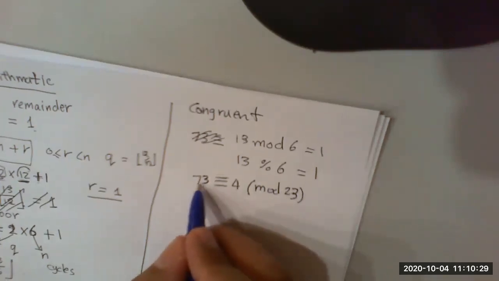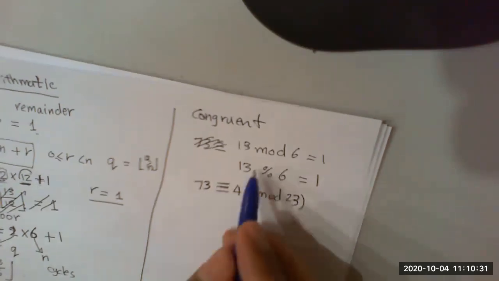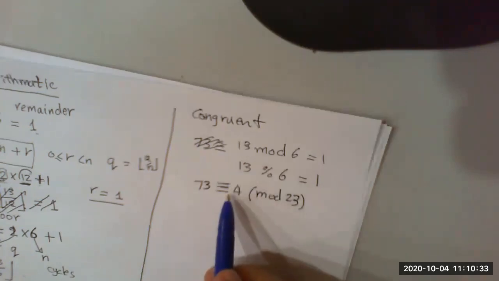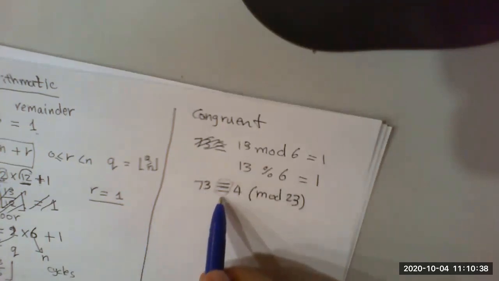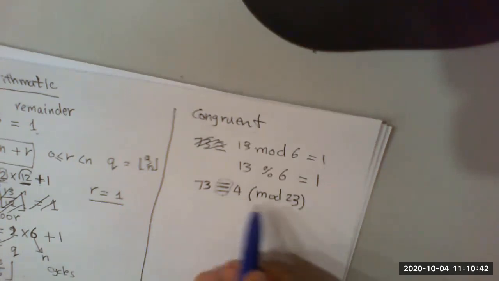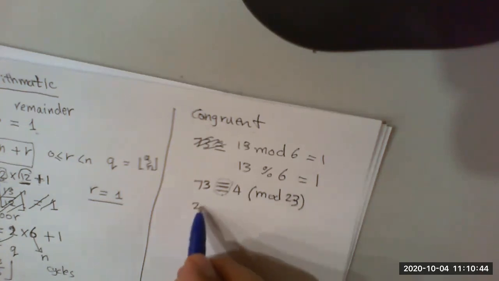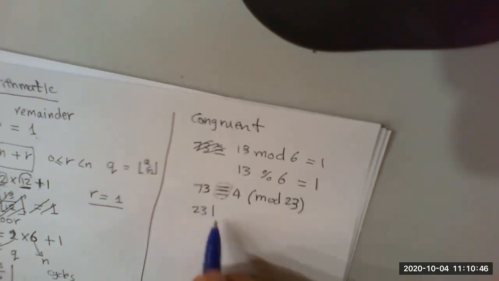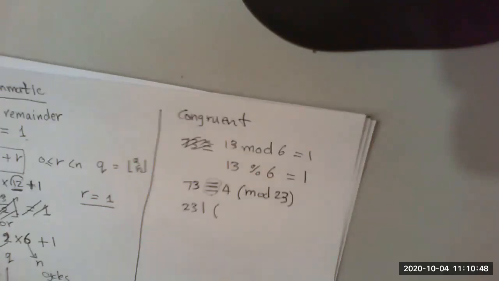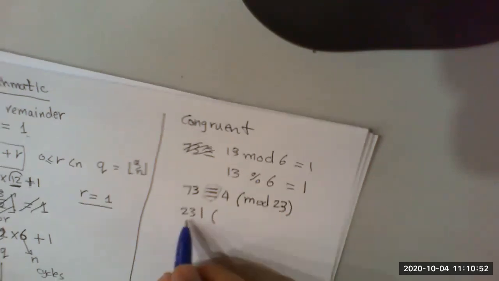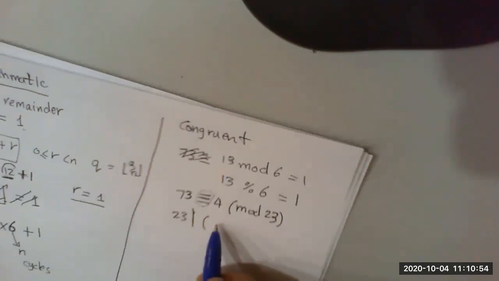So we can say congruent. This word here is represented by these 3 lines. What is the meaning of congruent here? It means that 23 divides 73 minus 4.